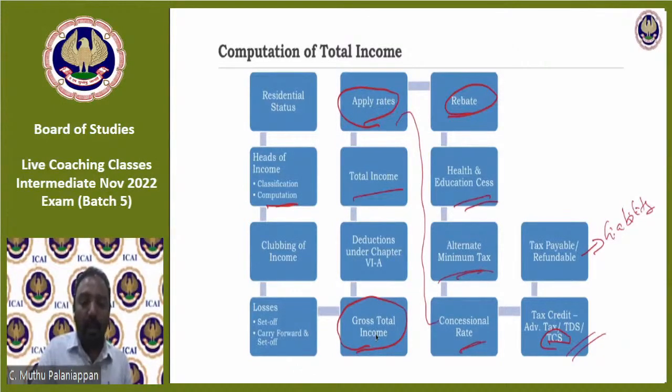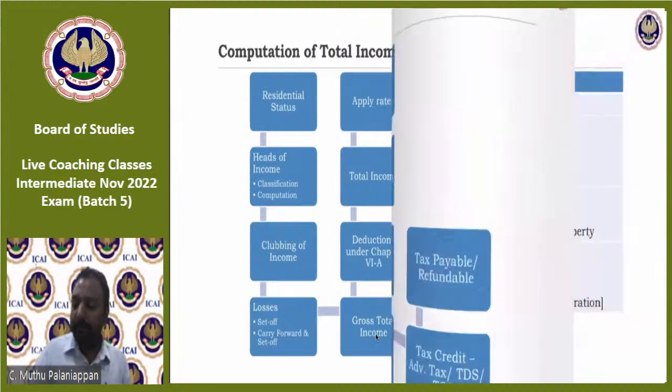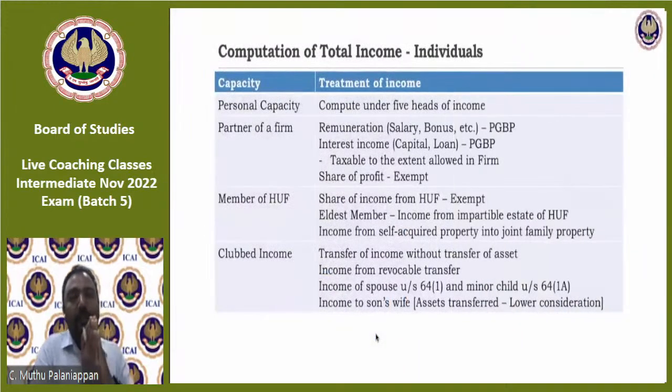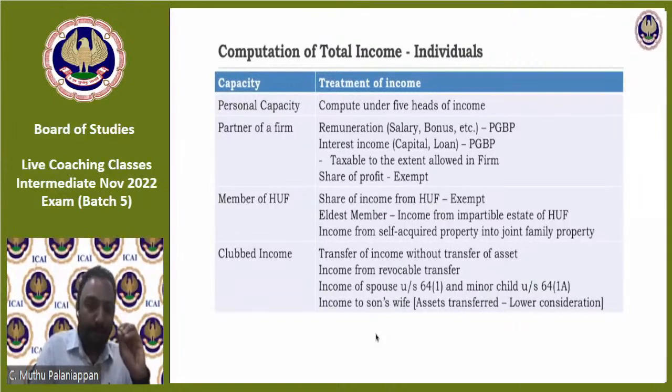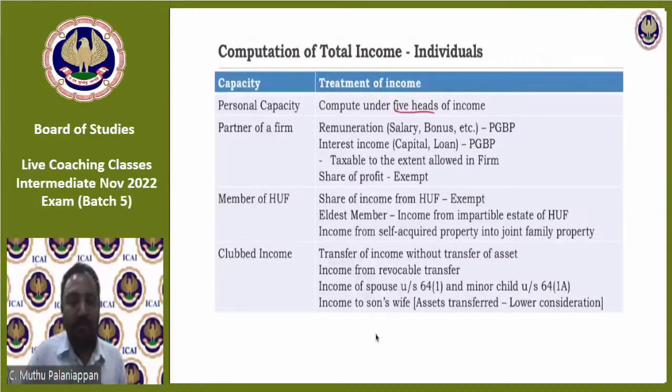So now, what happens is, as I told you, when you say computation of total income, there must be a person who is responsible, or what exactly it means. So when you say an individual, you're basically computing income under the five heads of income. So that is the first thing, computation. If you're a partnership firm, you need to consider certain things.